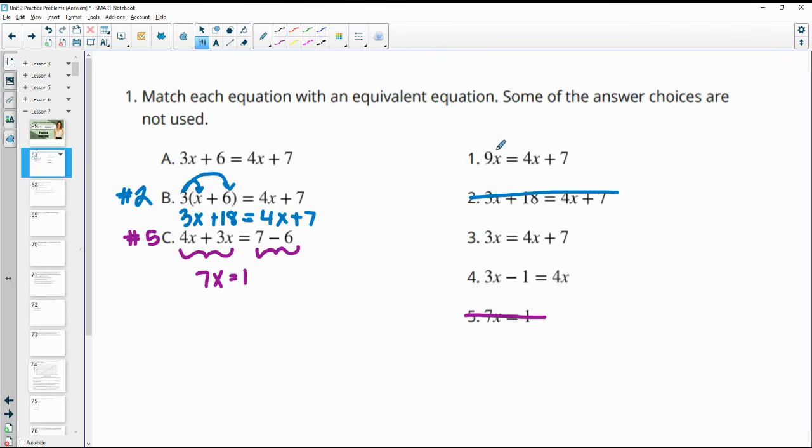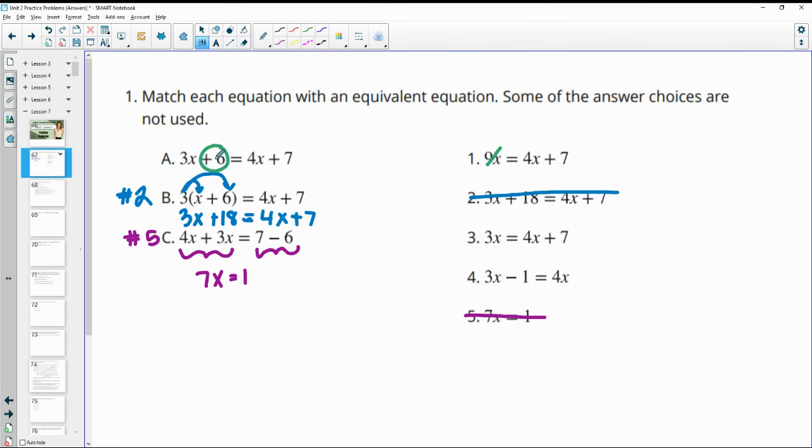So if we look at number 1, they say 9x. What they did was combine these 2, which isn't allowed. This is a 3x and a 6 that cannot combine to 9x. So number 1, not good. Number 3, they just have 3x, so they've gotten rid of this 6.